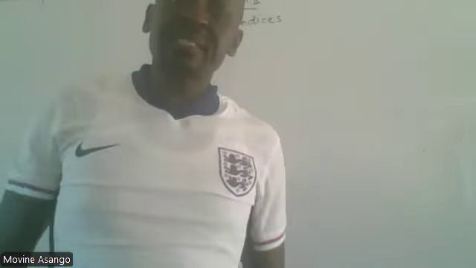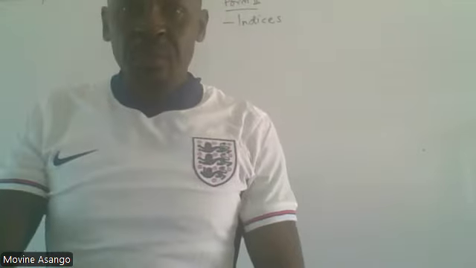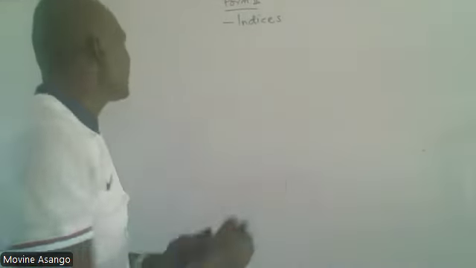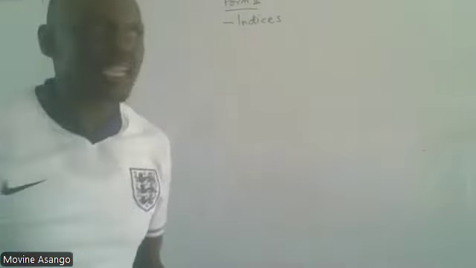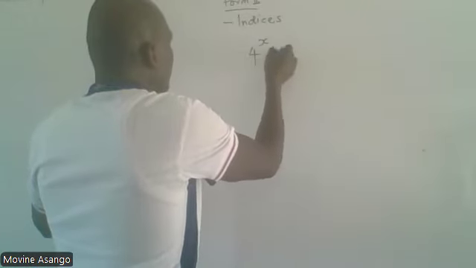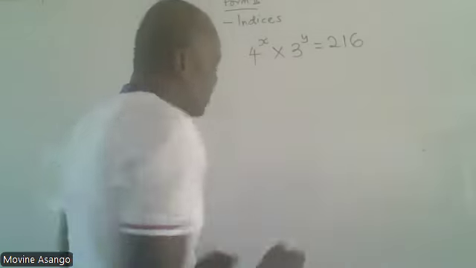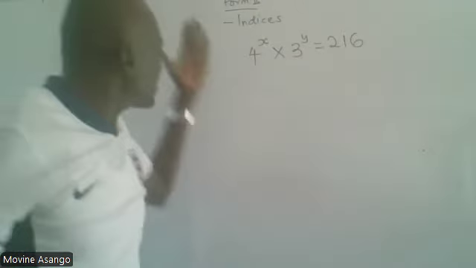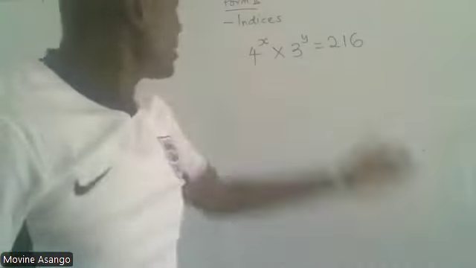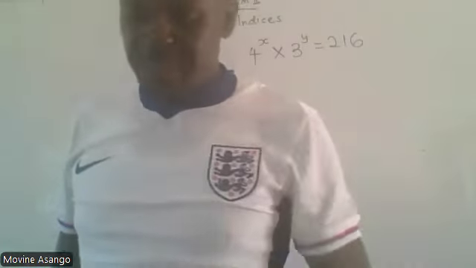Basically, indices test your application of factors in Form 1. For example, if I tell you to find x and y when 4 raised to power x times 3 raised to power y is 216. What is x? What is y? This is indices, but it also tests on factorization.